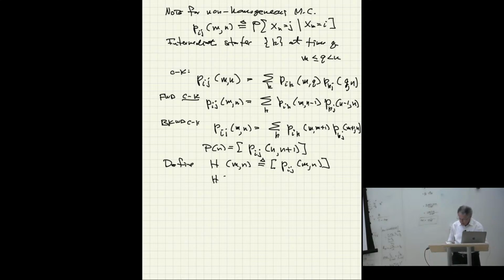And H of n and n plus 1 is simply what we defined as P of n. If this was a homogeneous Markov chain, then H of m and m plus n would have been written as P to the n. But now we are depending upon the index itself.